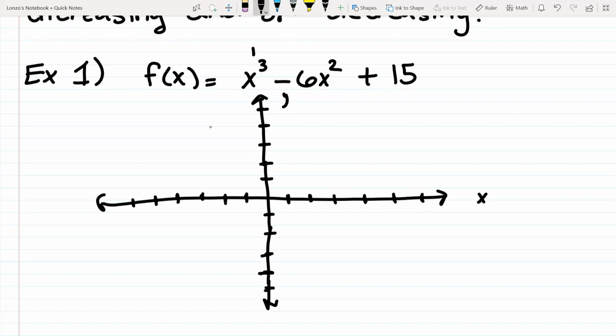It has a y-intercept of 15. It has an x-intercept of 1.97, another x-intercept at 5.5, and another x-intercept at negative 1.4.